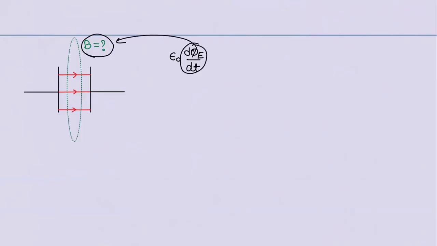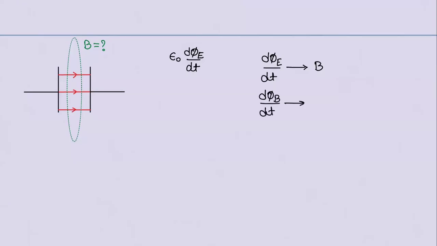Check it. That's why Maxwell's equations are so famous. He understood that d phi e by dt, change in electric flux, will cause magnetic field, and change in magnetic flux will cause electric field. That means change in one will cause the other. He doesn't stop there.